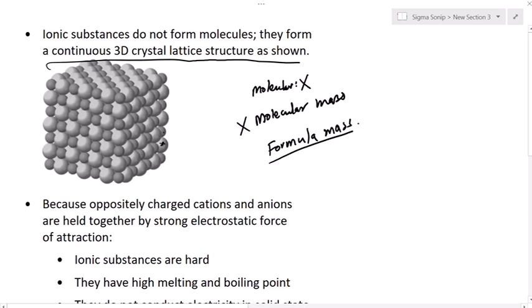Formula mass is the mass of one formula unit of the ionic substance. For example, the formula of sodium chloride is NaCl, and its formula mass is the mass of one formula unit of sodium chloride: 23 plus 35.5. This is very important.